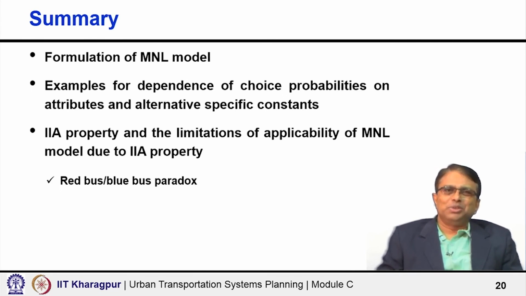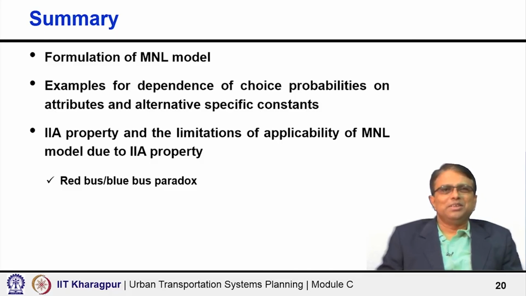What is IIA? Independence of irrelevant alternatives: the ratio of probabilities of using two alternatives remains unchanged and does not depend in any way on the utilities of any other third alternative.